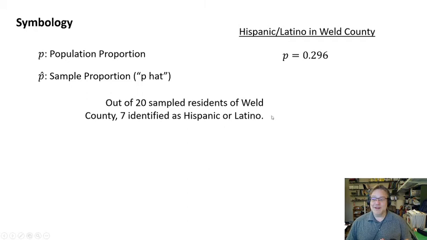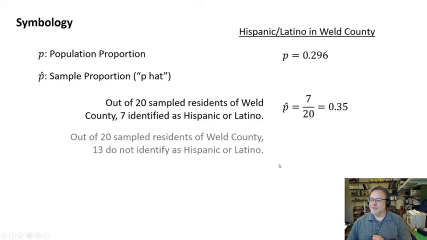What's our estimate of what this proportion is? Well, it's 7 out of 20, or 0.35. And notice this is an instance in which we would use p hat as our symbology here, because this is the proportion of a sample that we are using to try and estimate or infer what the population proportion is.